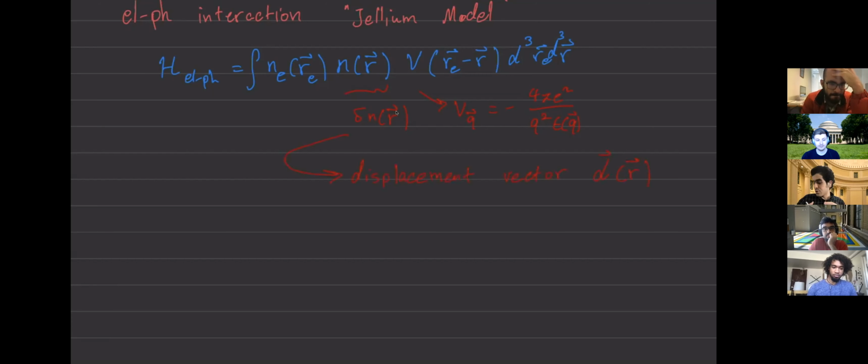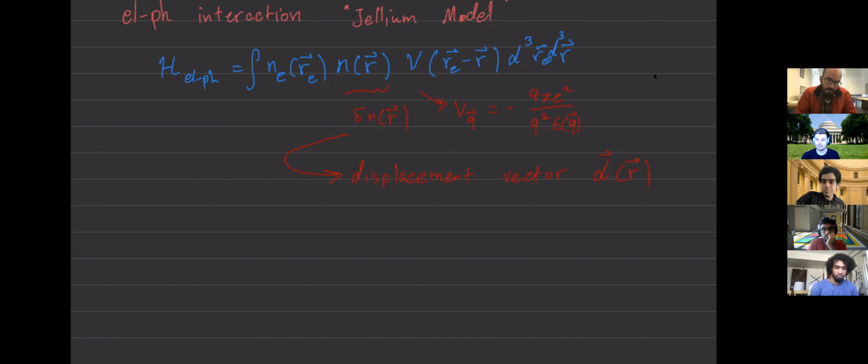And obviously you can guess that nothing in my model will depend on d itself and will have to depend on derivatives of d, because if I shift my lattice entirely, which is just adding a term to d, it's not important.